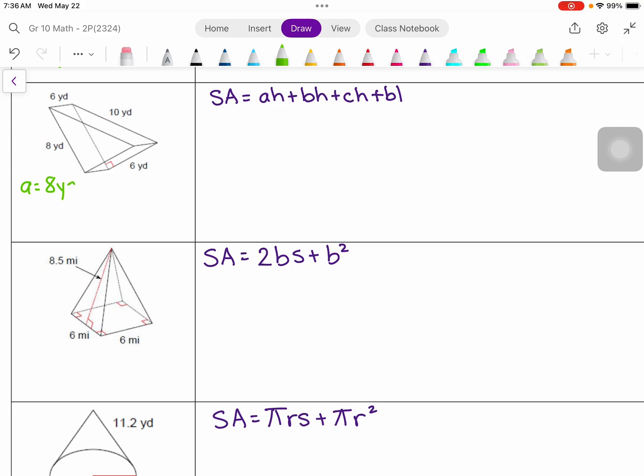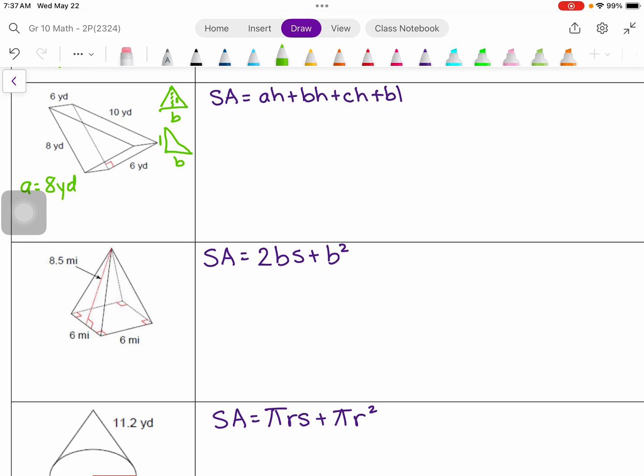So A is 8 yards. Actually, B needs to be specific. It does need to be our base. Now, because this is a right-angled triangle, normally we would say that this is our base and that's our length. But when we have a right triangle, there's our base and our 90-degree angle is over here.